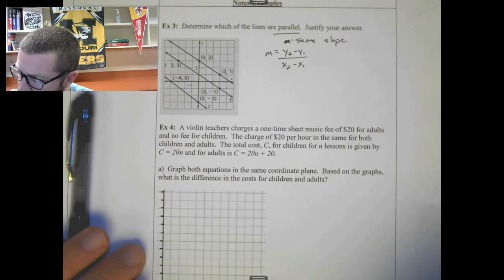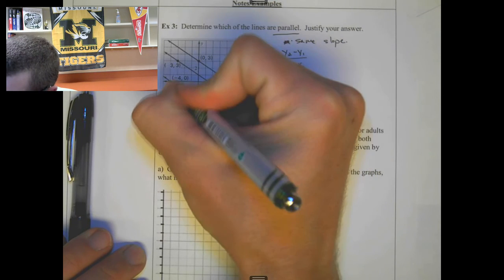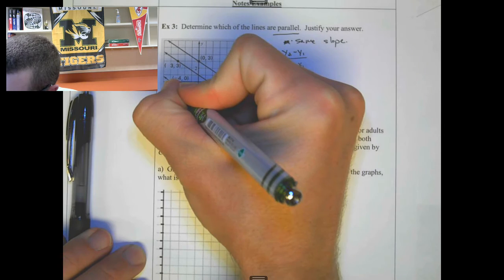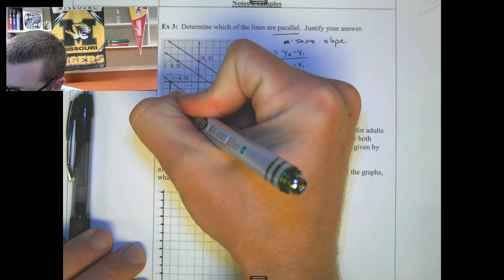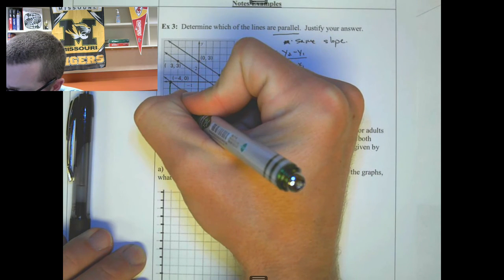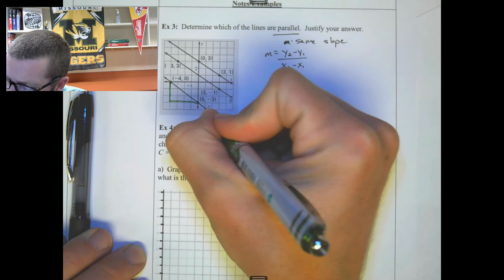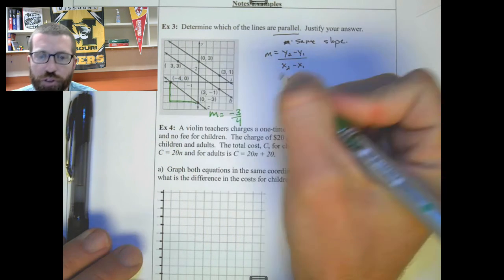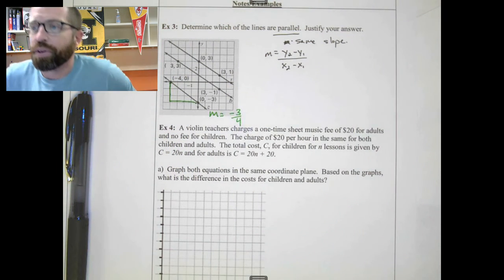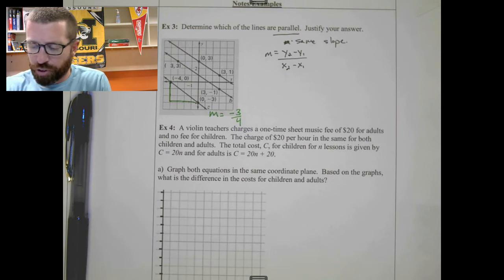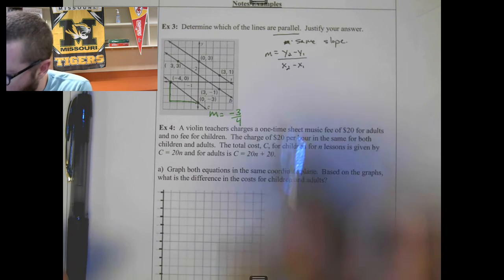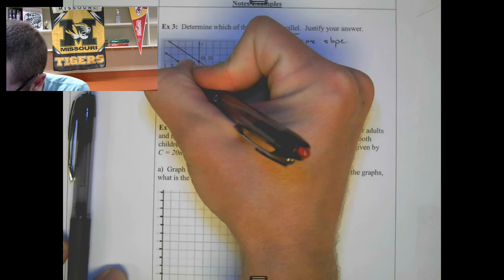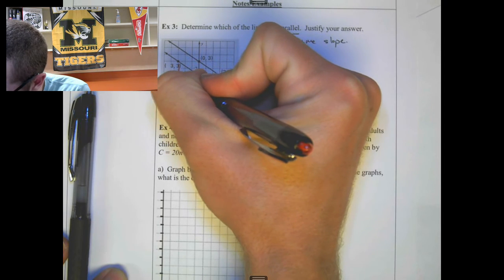So let's start with this line, and we'll count here to here. So this would be down 1, 2, 3 over 1, 2, 3, 4. So the slope here is negative 3/4. We're going down and to the right. Okay, now let's look at this line. And once again, because we have this coordinate plane, let's just try counting.